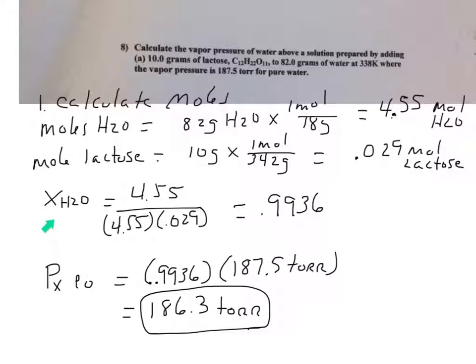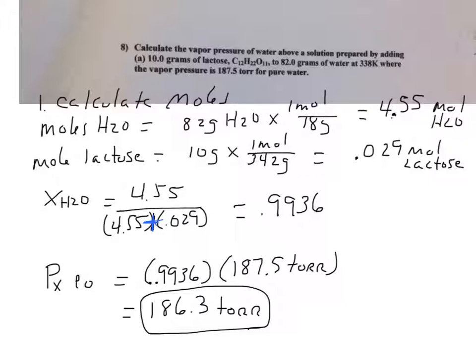Now to calculate my vapor pressure here, I would take my 4.55 moles of water over the total moles, 4.55 water, plus 0.029, and that gives us 0.9936.